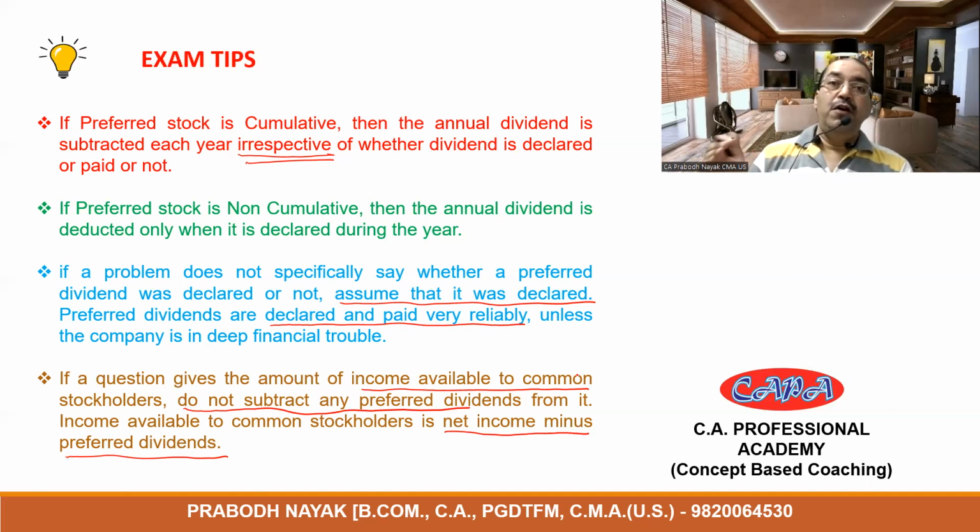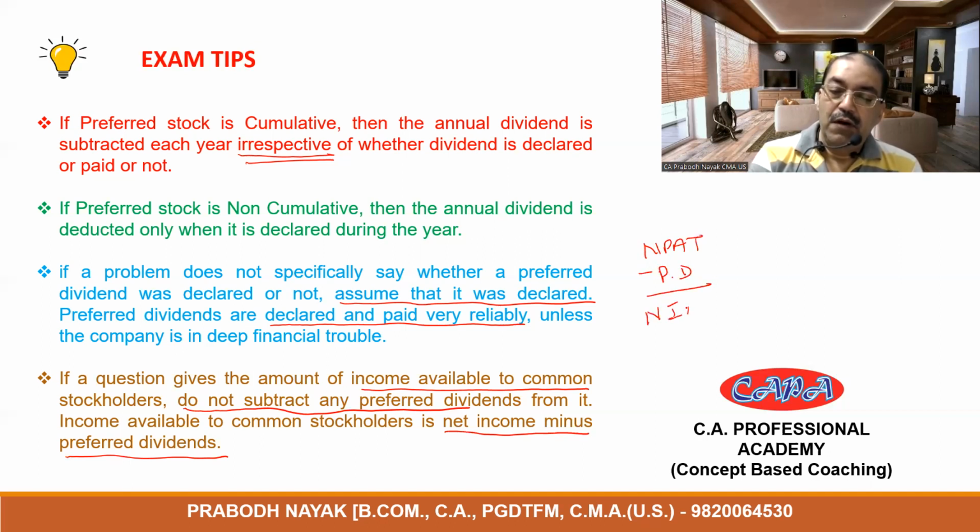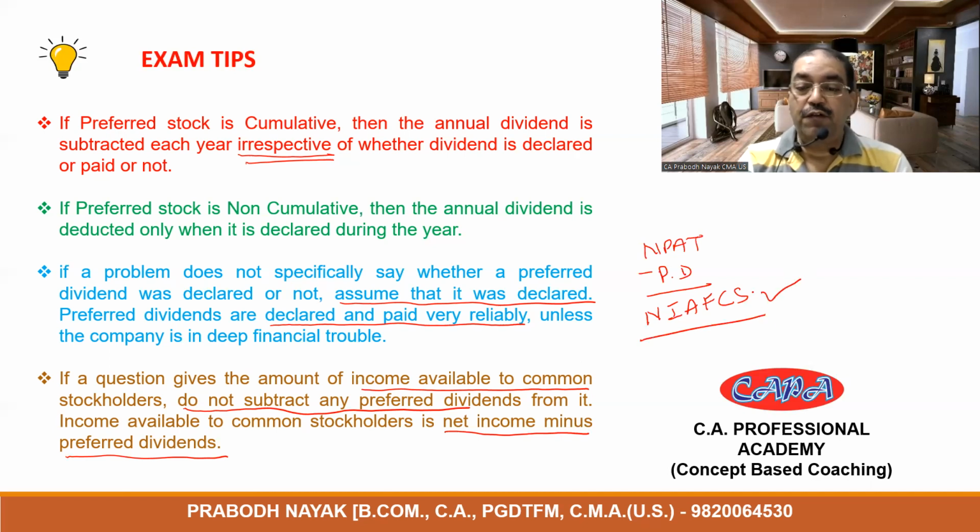If it is net profit after tax, then I say minus preference dividend, and I will have net income available for equity shareholders or common stock. But if this is already given to you, you don't have to subtract the preference dividend further because you have already deducted it to arrive at that figure. You followed? So these are some examples for the first part, that is basic EPS.